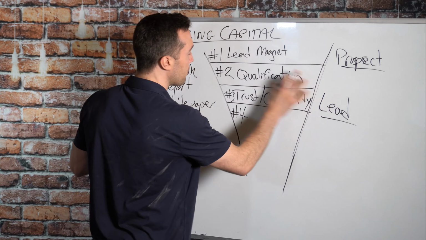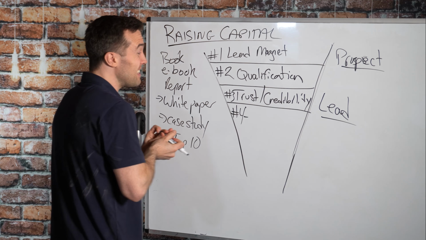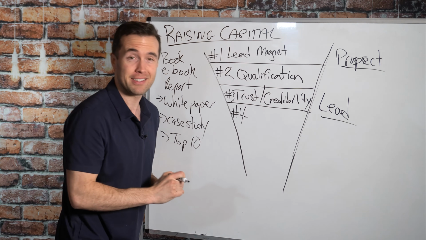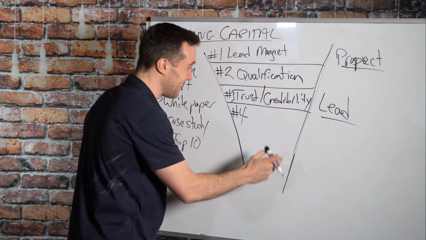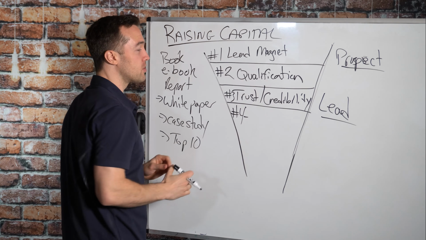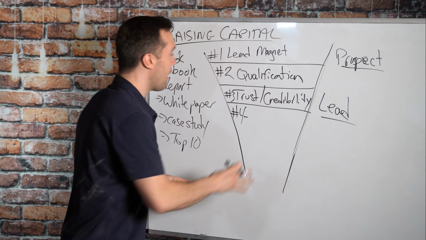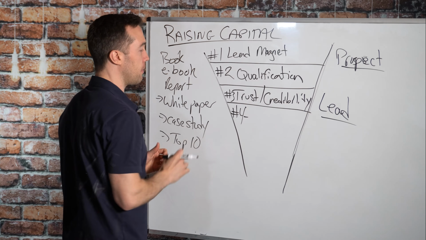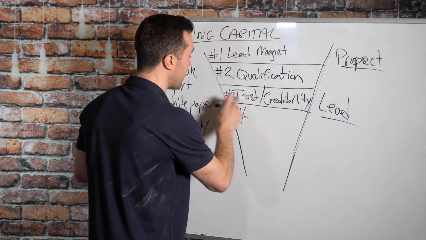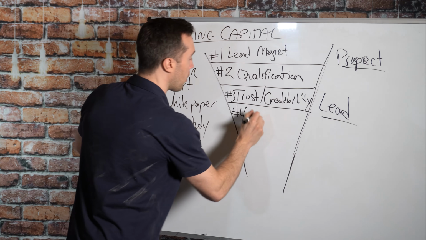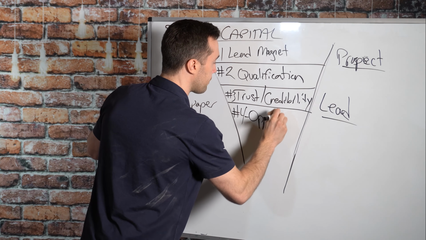So once we've built that trust and credibility, now this doesn't happen in 15 minutes. This doesn't happen in 2 days. This is a process. So you will have to develop what process works best for you in terms of building that trust and credibility. But the goal is to get them to step number 4, where we have the opportunity.